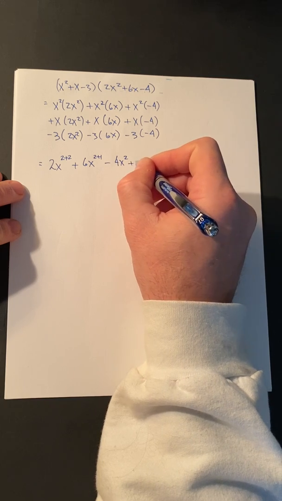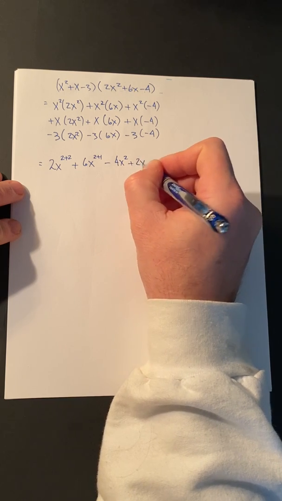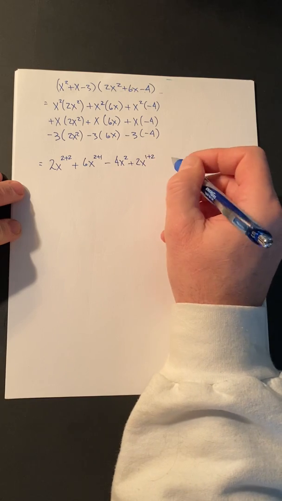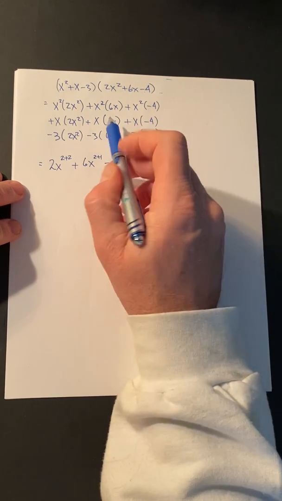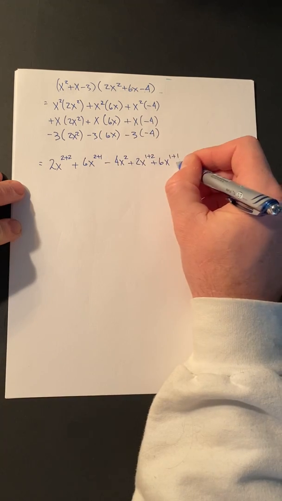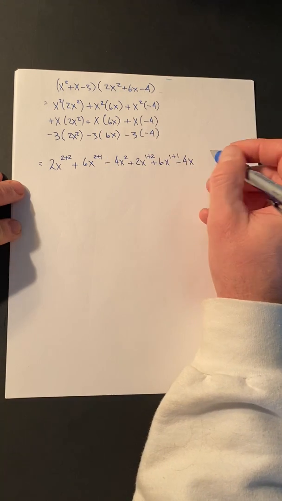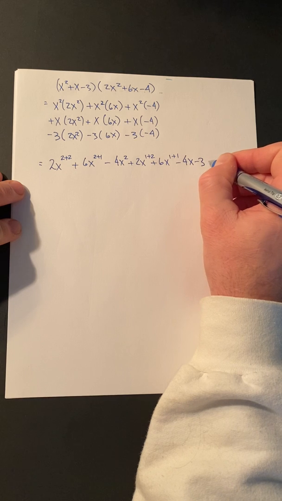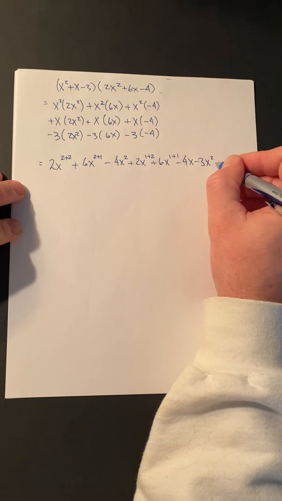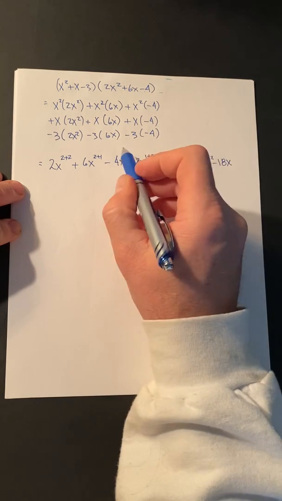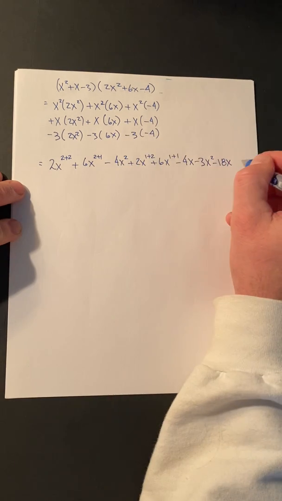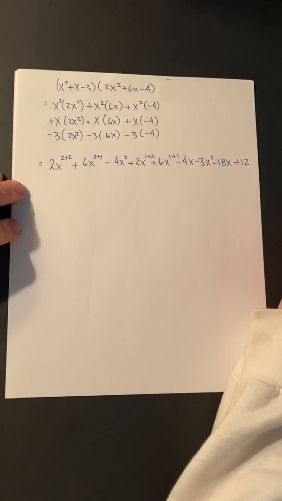Here I have plus 2x to the 1 plus 2, plus 6x to the 1 plus 1, okay, minus 4x, minus 3x squared, minus 18x. Now notice minus times a minus gives me a plus 12, okay?